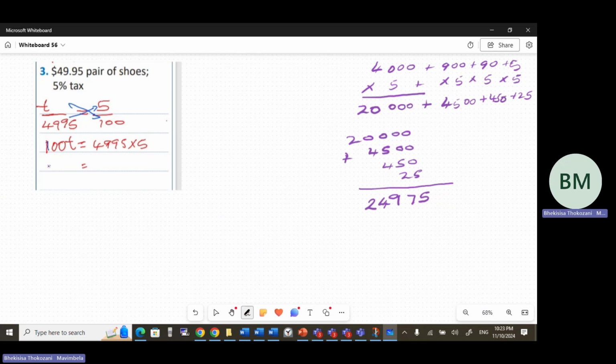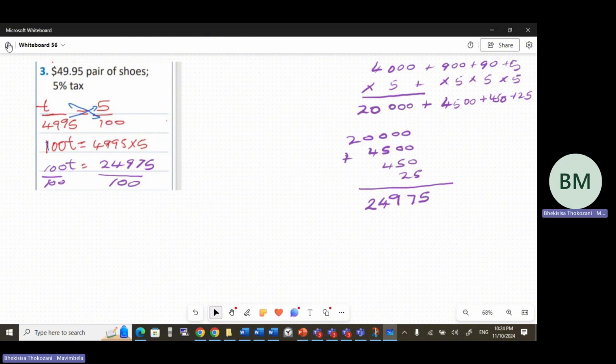Remember here, this was 100T, and now I have 24,975. And I'm going to divide everything by 100. Divide everything by 100. All right. Now, there's one thing which I must not forget.